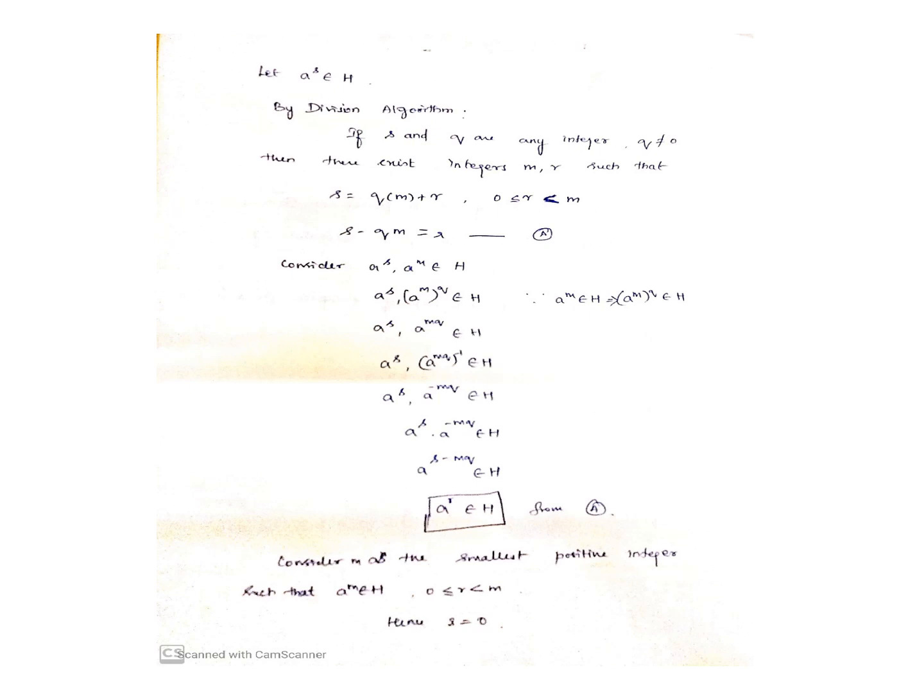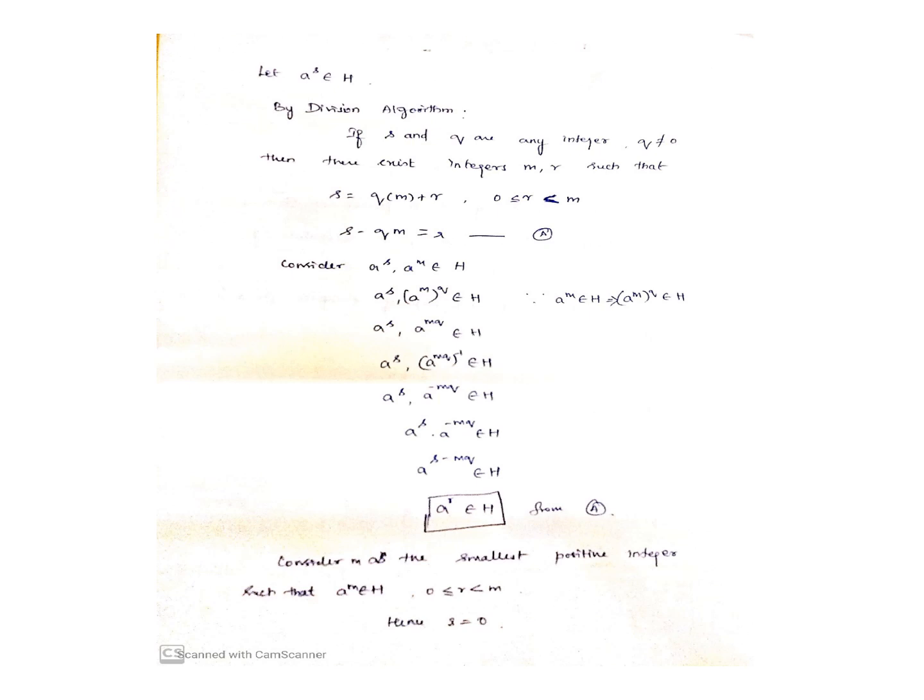We consider a power s, a power m are elements in H. Then a power m the whole power q is an element in H. Since a power s, a power mq are also elements in H, for a power mq the whole inverse is also an element in H.